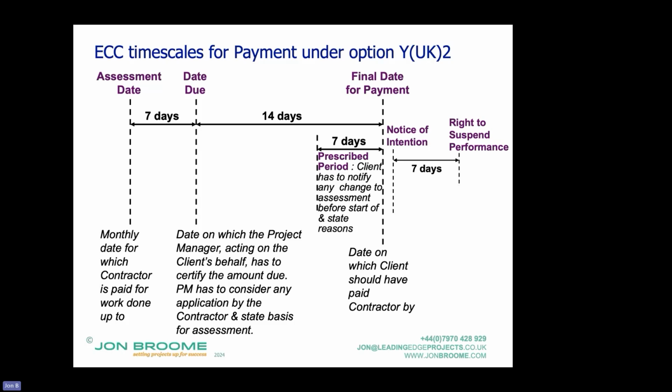I'm paying you £90,000 and deducting £10,000 from your application because you have not completed this activity in accordance with the contract. So not just state how it's built up, but also state, if you're knocking it down a bit, the reason why. Likewise, if the client is going to reduce that assessment of the project manager, they need to state the reason why they're reducing it.